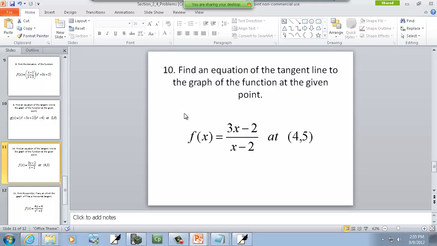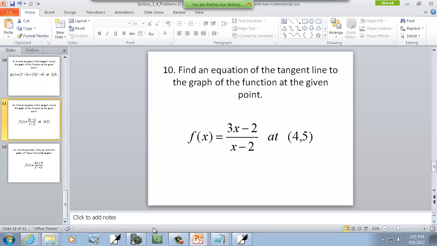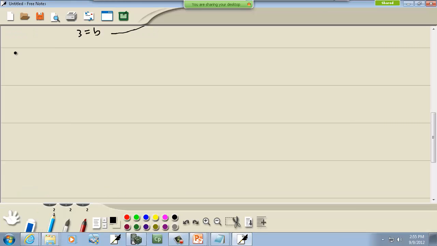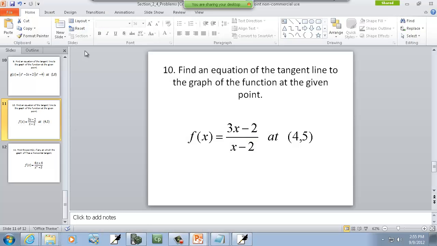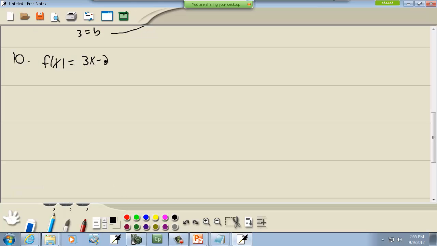This is wanting us to find the equation of the tangent line again. So we got f of x is equal to 3x minus 2 over x minus 2 at the point 4, 5. Okay, so first step is to find our derivative.